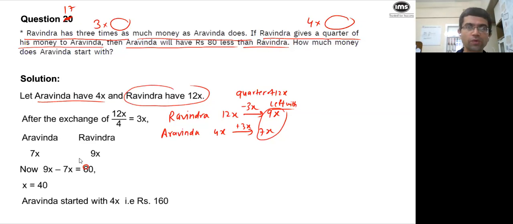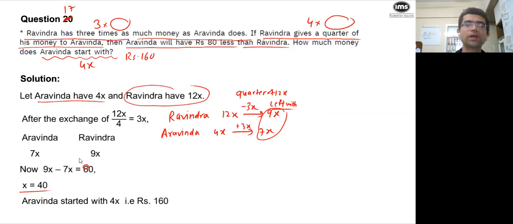But the question is, how much money did Arvinda start with? Remember, your assumption was 4x. Your assumption was not x. Because you assumed Arvinda has 4x, Ravindra has 12x. What you found is x. Be very careful to get back the 4x value. That means Arvinda started with 160.